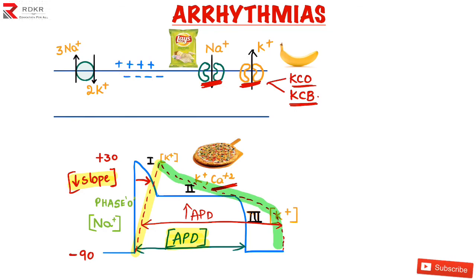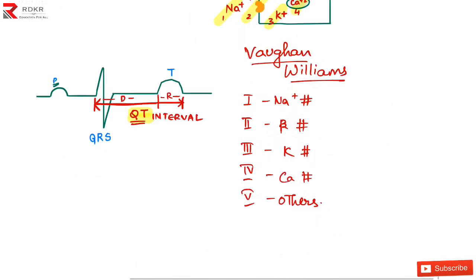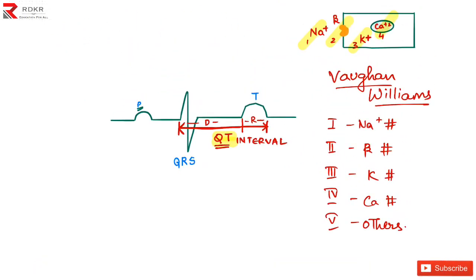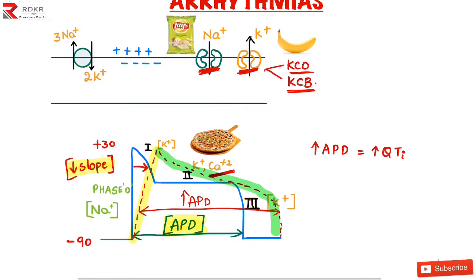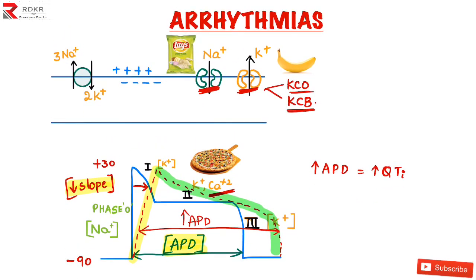So what you have to understand, if there is an increase in the action potential duration, then there is an increase in the QT interval. Am I right? Yeah, exactly. As I have drawn here, when the QT interval rises, that indicates there is an increase in the action potential duration. So when you block the potassium, your action potential duration increases, your QT interval increases in the graph.